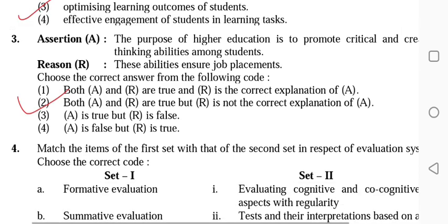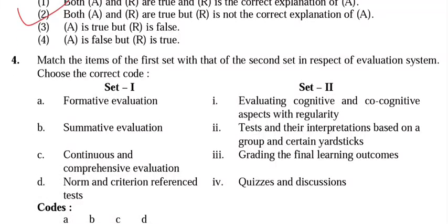Then okay, moving on, we have got number 4. It says match the items of the first set with that of the second set in respect of evaluation system. Choose the correct code. We have set 1 and set 2. I will first read set 1. In set 1, we have 4 options: formative evaluation, summative evaluation, continuous and comprehensive evaluation, norm and criterion reference test.